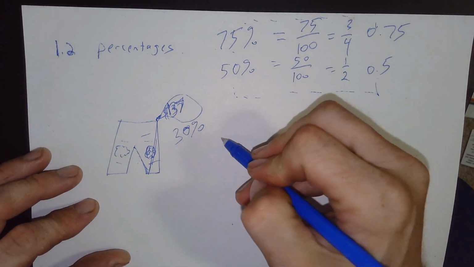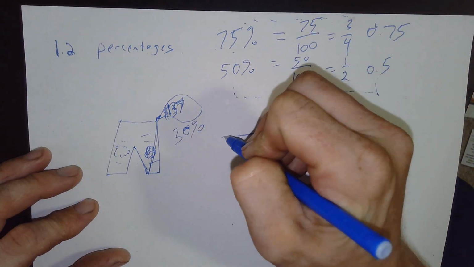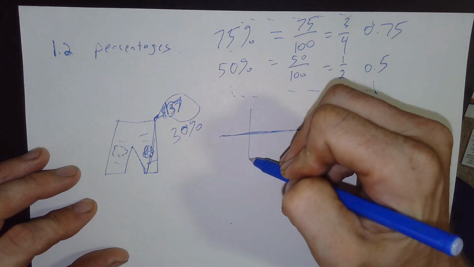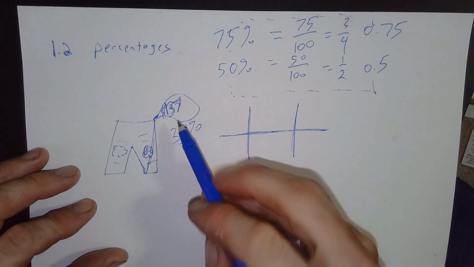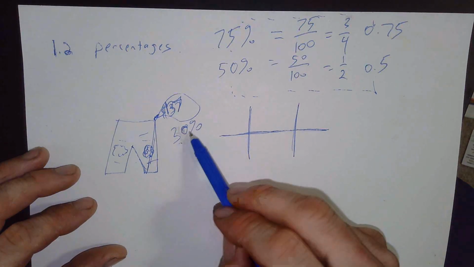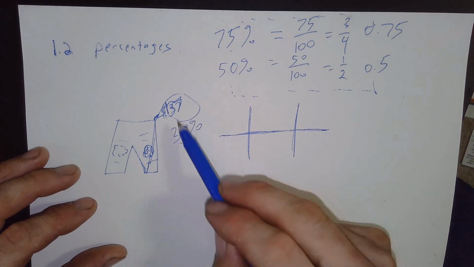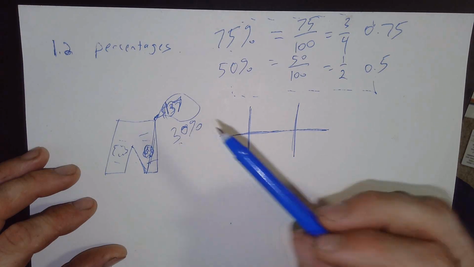Okay, so let's do a railroad track, unit analysis. You can also think about it like, if it's 30% off, how much of this are you actually paying, right?